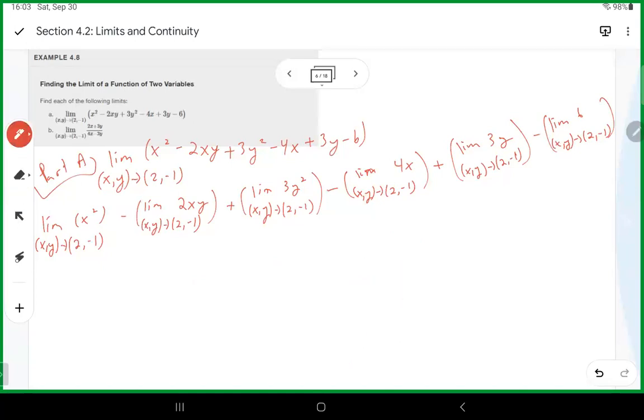All right. Next, we're going to use the constant multiple law on the second, third, fourth, and fifth limits. That means we're going to pull out the constants and also do that last limit. They actually don't do it yet. They leave that part till the end. So we're going to rewrite the first one because there's nothing that can be pulled out. So that stays as x squared.